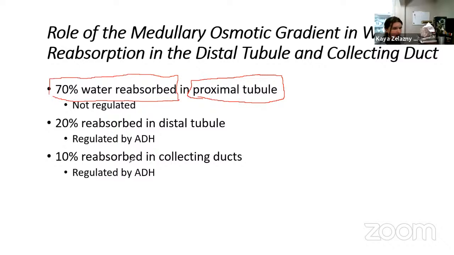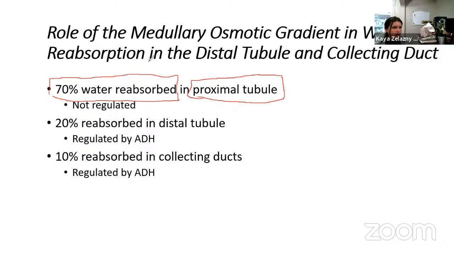We've talked about water movement with the loop of Henle, but what I'd like you to realize is that as we talked about water movement in the loop of Henle, what we were really talking about is setting up gradients in the medulla rather than reabsorbing a bunch of water into the blood flow itself.